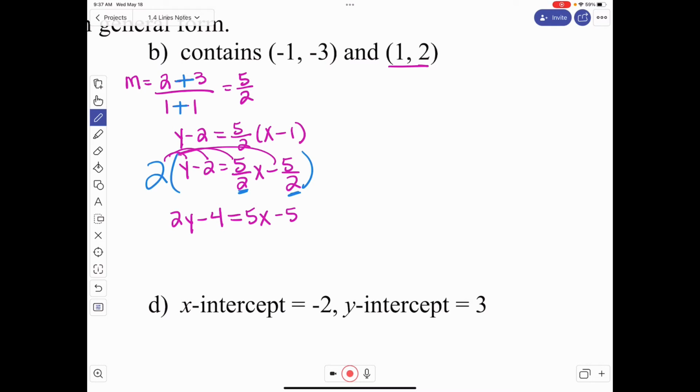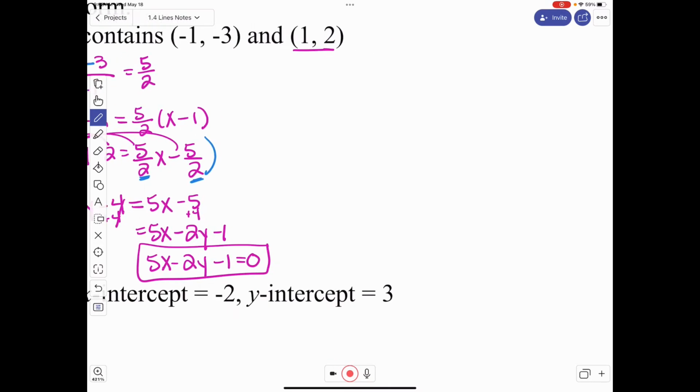So since it's positive, I'm going to leave it on the right side. And if I move my 2y, it's going to become negative because it's changing signs. And I'm going to add my 4, so that gives me a -1. So I have 5x minus 2y minus 1 equals 0. Okay.